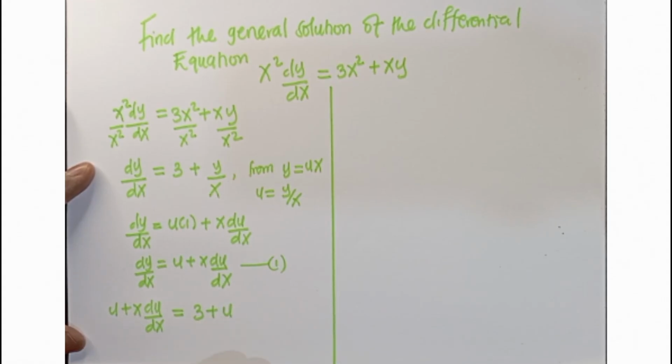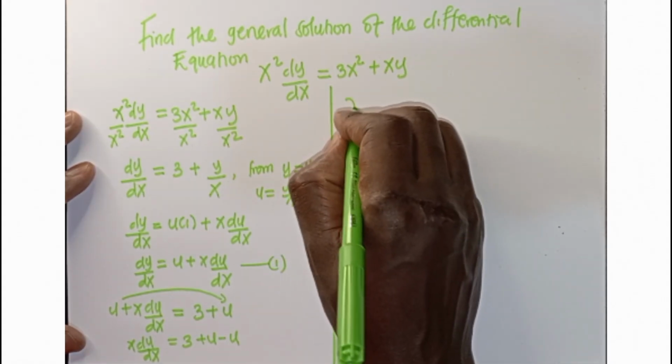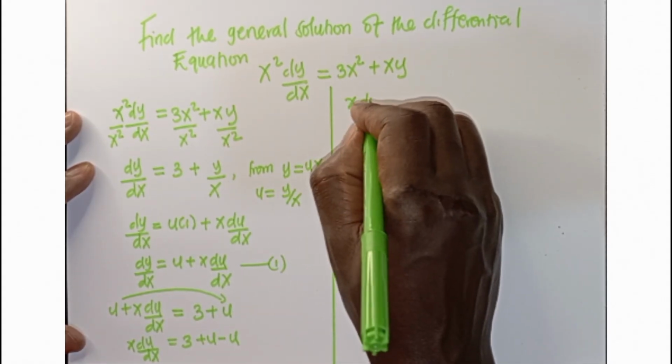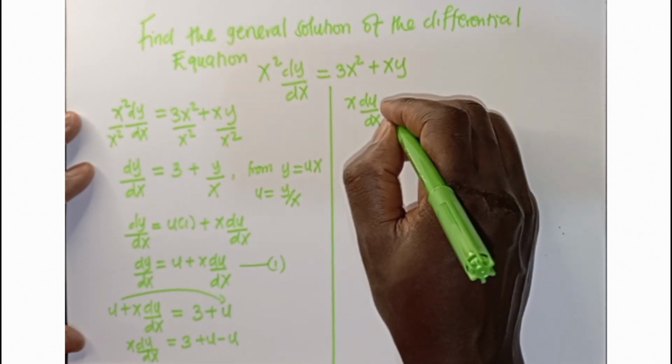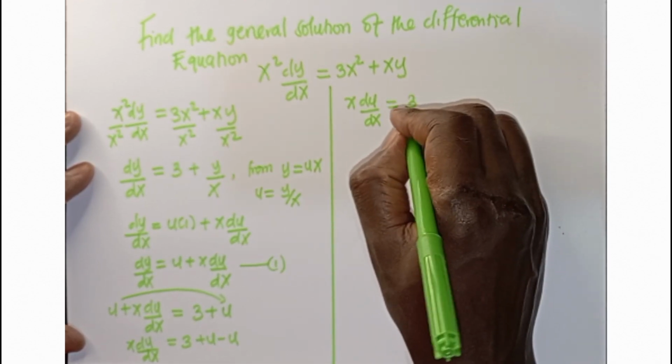Taking this side, we shall have x du dx is equal to 3 plus u minus u. Now here you see that these are going to cancel. So we have x du dx is equal to 3.